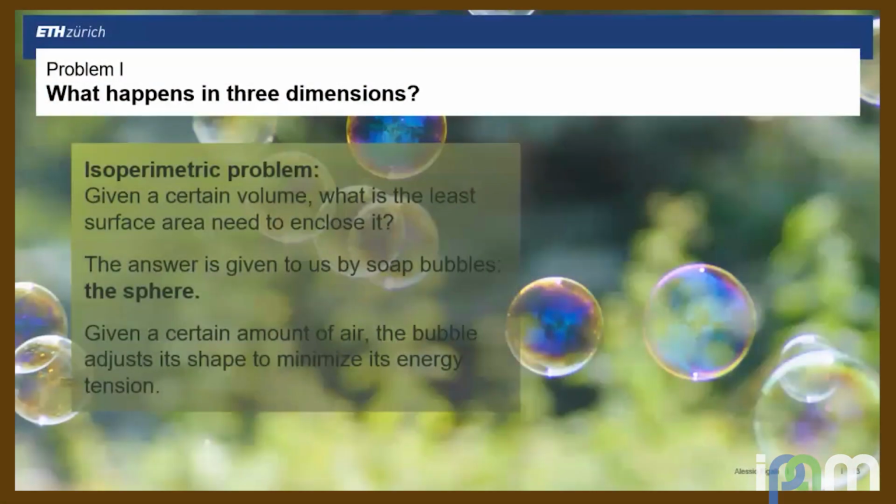So you have fixed the volume enclosed by the soap bubble, and then what the soap bubble will do, it will be very wiggly for a few seconds, and then immediately it will become round. And the reason why it becomes round is because it wants to minimize the energy, and the energy is exactly the same as surface area for a soap bubble. So nature suggests that if you are in 3D, soap bubbles are the solution to the isoperimetric problem, again.